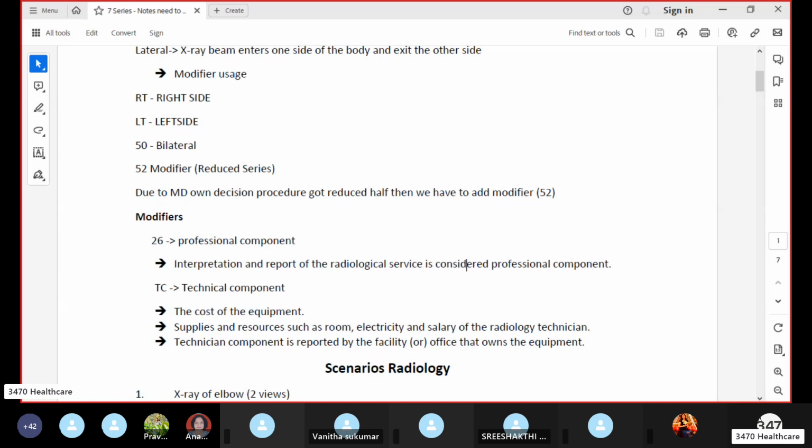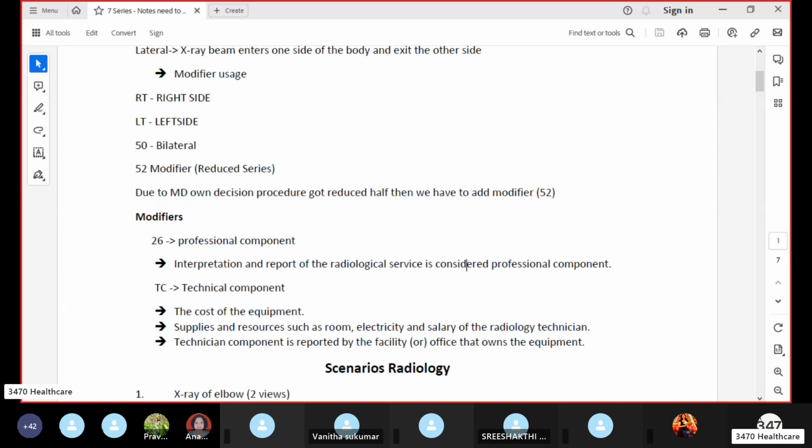After that, he tells the results, interpreting, giving the results of the interpretation of the X-ray also. So that provider is doing both services. He is giving the interpretation and also took it with his own equipment. So one provider did both services, technical and professional.